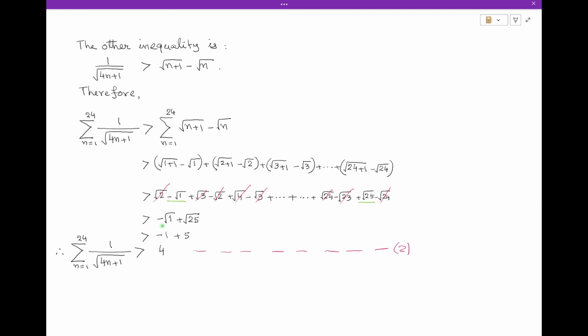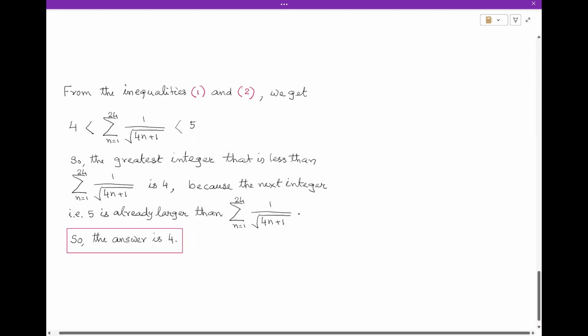That is minus 1 plus 5, or 4. Therefore, this quantity here, the summation of n equals 1 to 24 of 1 divided by square root of 4n plus 1, is greater than 4. Let us call it inequality 2.